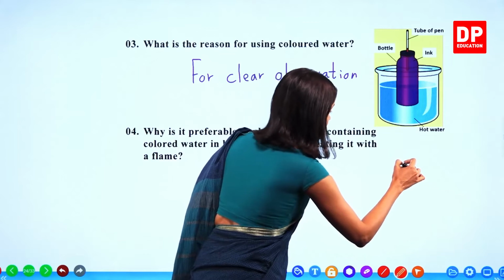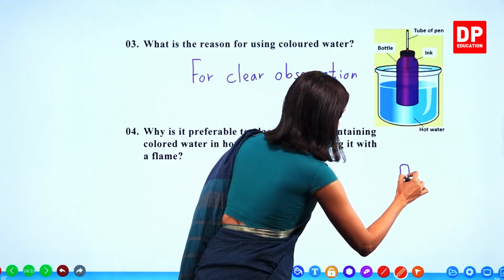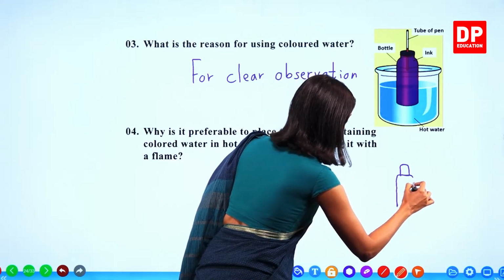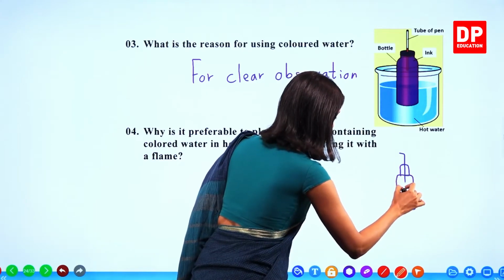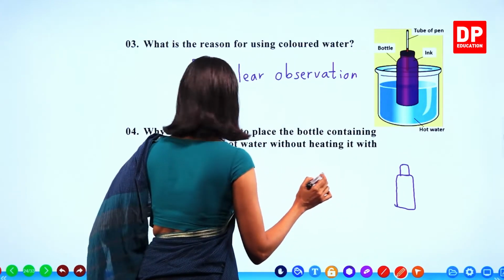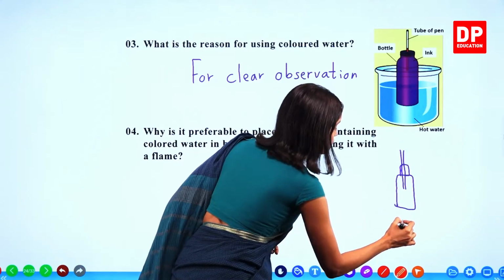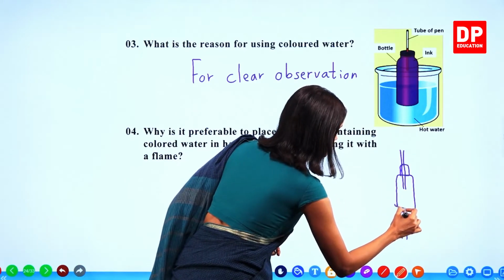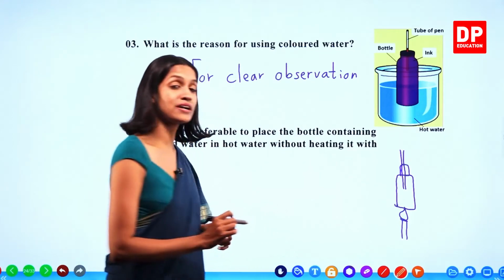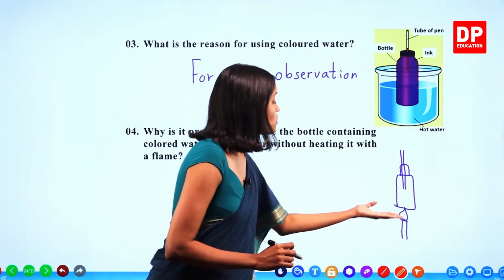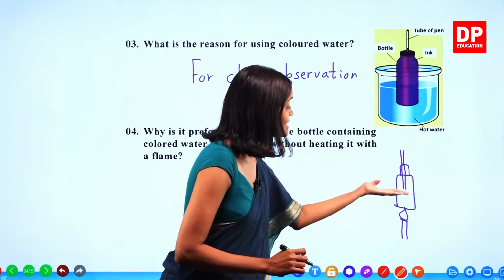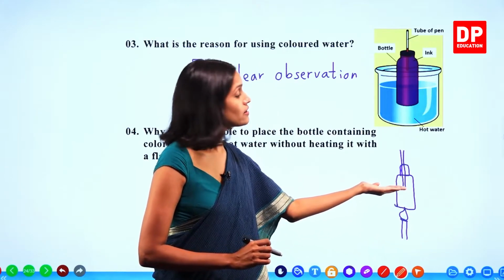So here, if this is the colored water bottle with an empty pen tube, like this, and if you heat the bottom with the flame, what will happen? Only the bottom part will get heated up well, right?